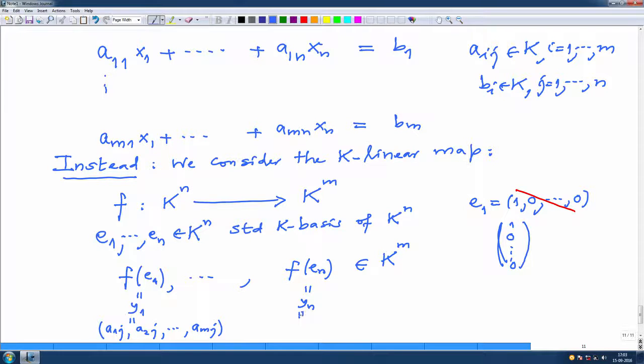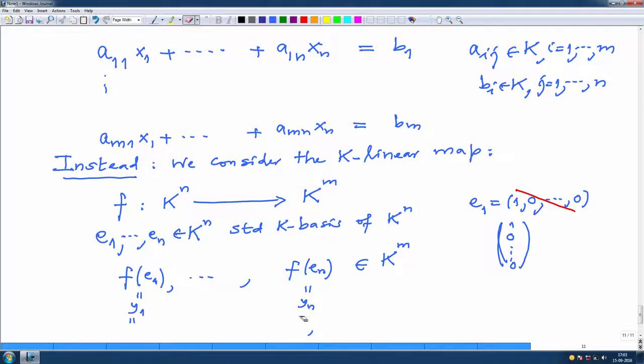Similarly, Yn is... sorry, I wrote it the other way, there is no j here. So let us correct this.